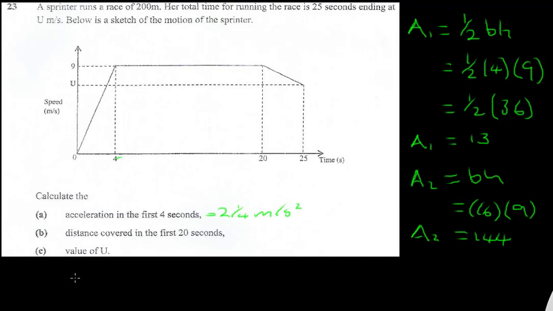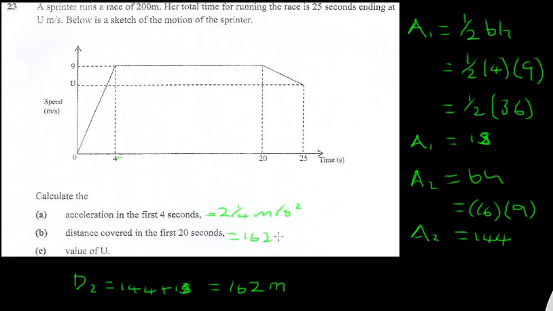So this is our area 2, and so the distance that she covered in the first 20 seconds is 144 plus 18. Sorry, I made a mistake earlier: the triangle area is supposed to be 18, and this gives us 162 meters.